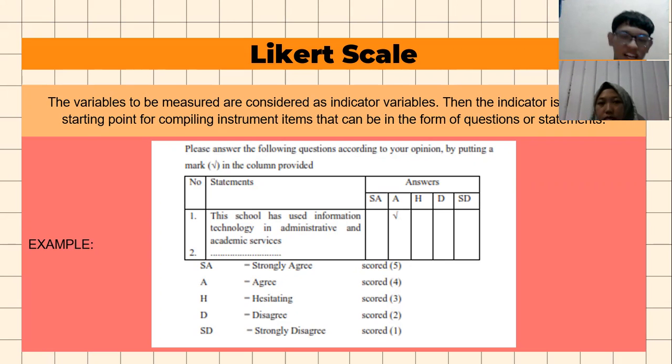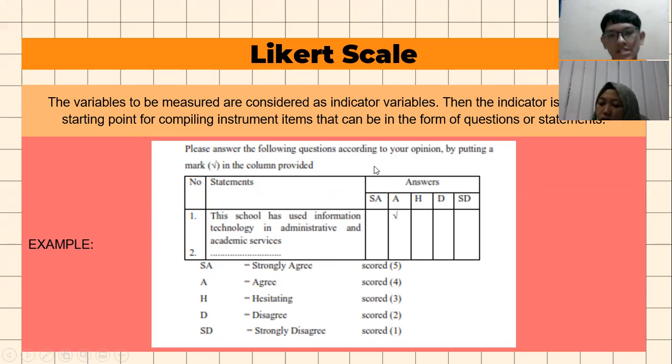For Likert scale, for example, strongly agree, hesitating, disagree, and strongly disagree. Another example: always, often, sometimes, and never. For example, from very positive until very negative: very positive, positive, negative, and very negative. Okay, this is an example of Likert scale.